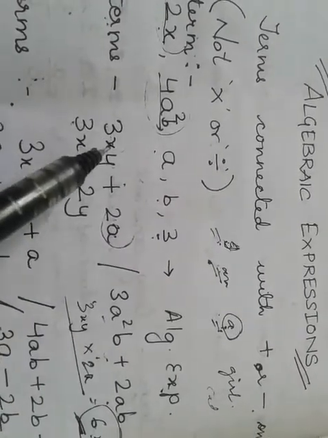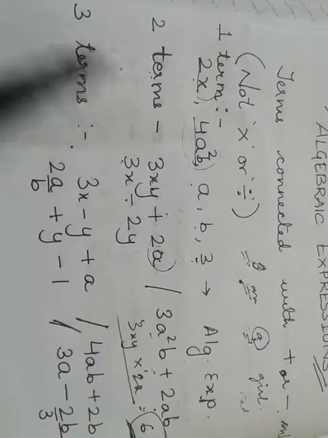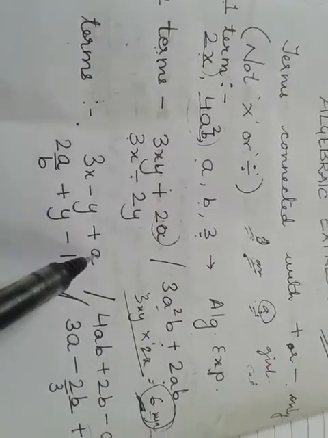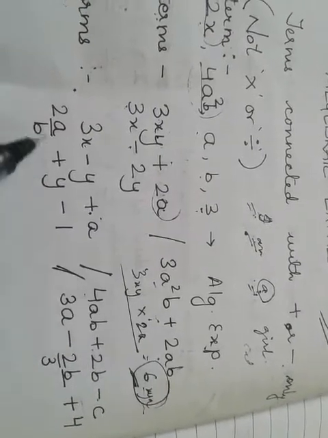So multiplication and division is not allowed in this case. It is already in a multiplication state, 3 multiplied by x multiplied by y. Only plus and minus are allowed. Similarly, 3-letter words have 3 terms, 1, 2, 3. They can be connected with plus or minus only.